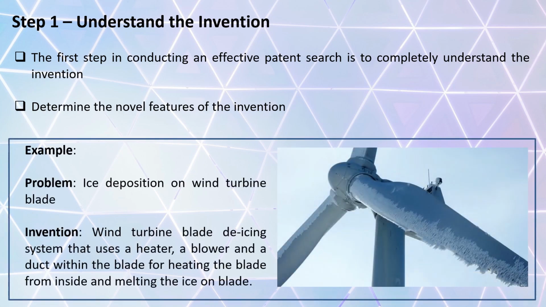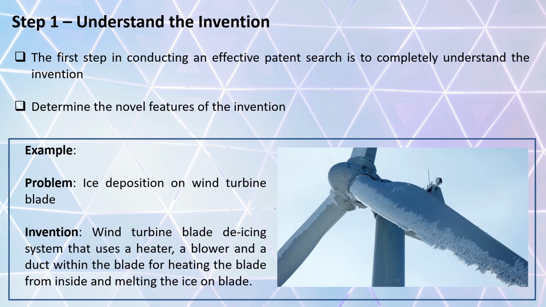Now, in order to explain this entire process of conducting a search, we will be taking an example, so the process will be much clearer to you. In this case, I have taken an example of a wind turbine de-icing system. I'll just explain what it is.